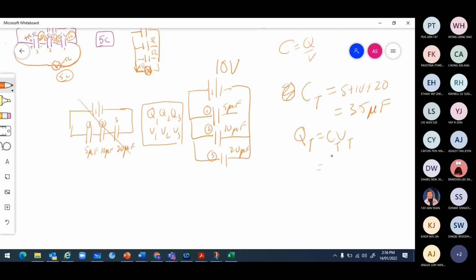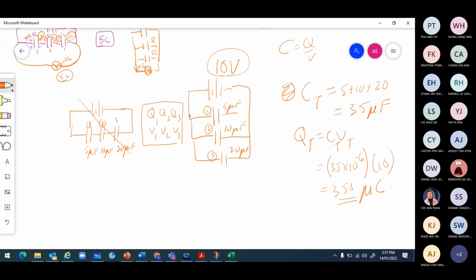C total is 35 microfarad, so 35 times 10^-6. V total is 10 volt. So you can get the total charge stored in this circuit: 350 microcoulomb, right?